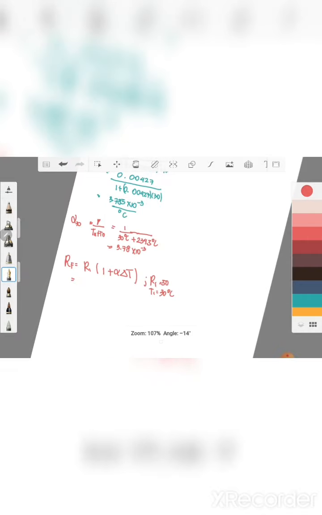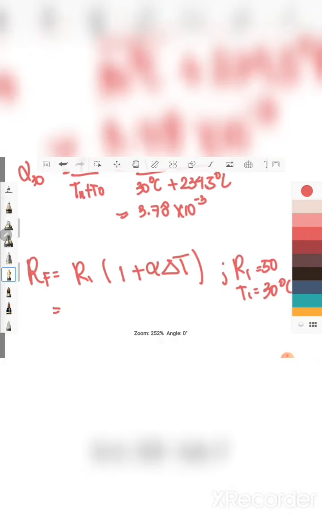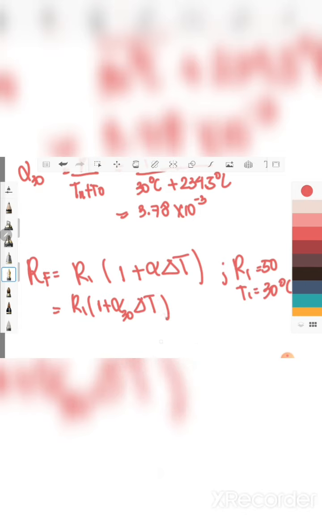So we will break down your equation. We have R1 multiplied by 1 plus our alpha. This must be at 30 degrees because our R1 is at 30 degrees Celsius. Sir, why can't I use alpha 0? Alpha 0 is not equal to alpha 30. If you would use alpha 0 in this equation, perhaps you should use your R0.